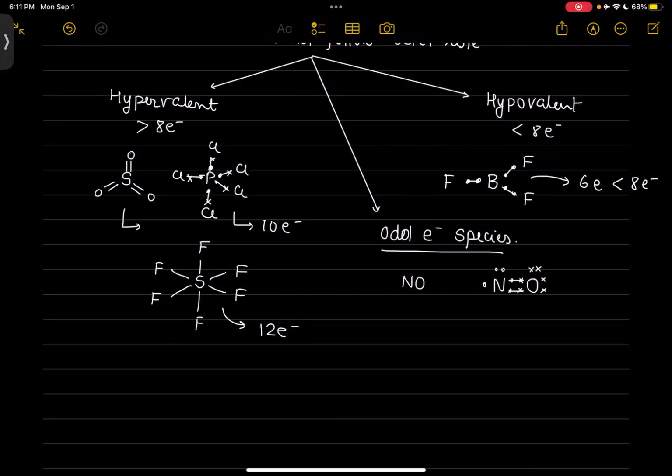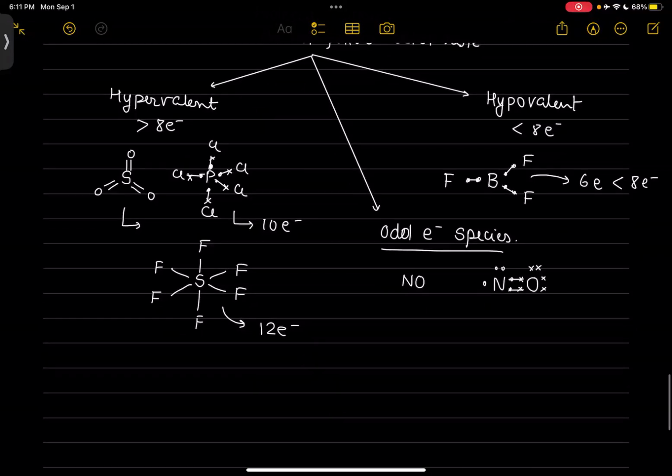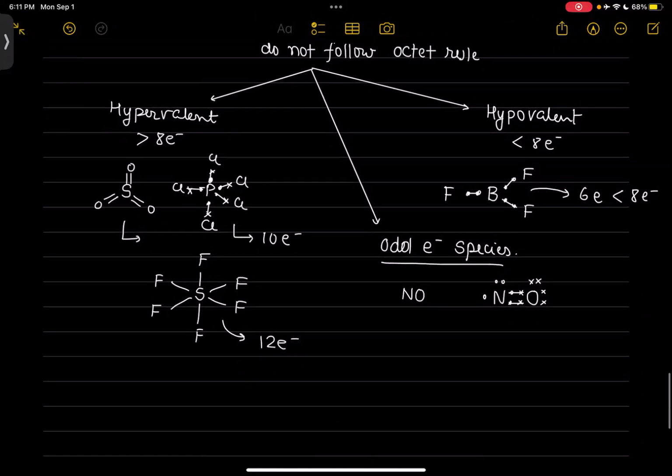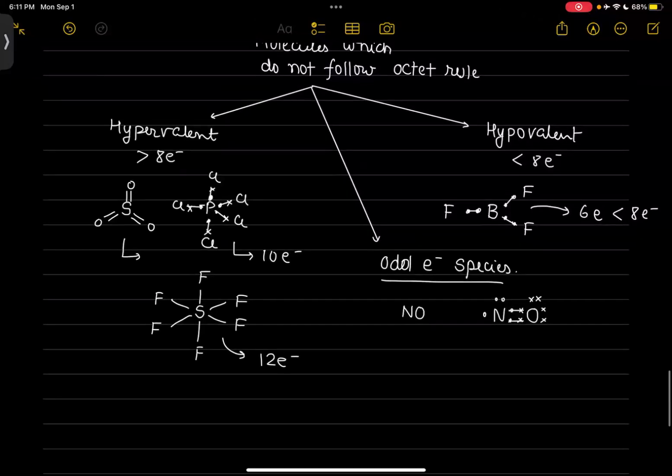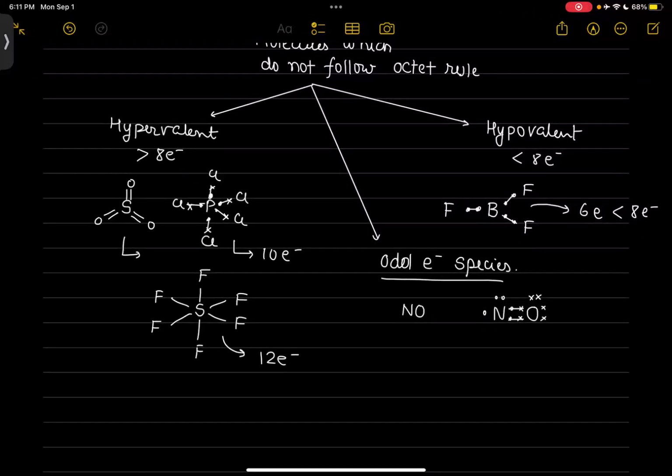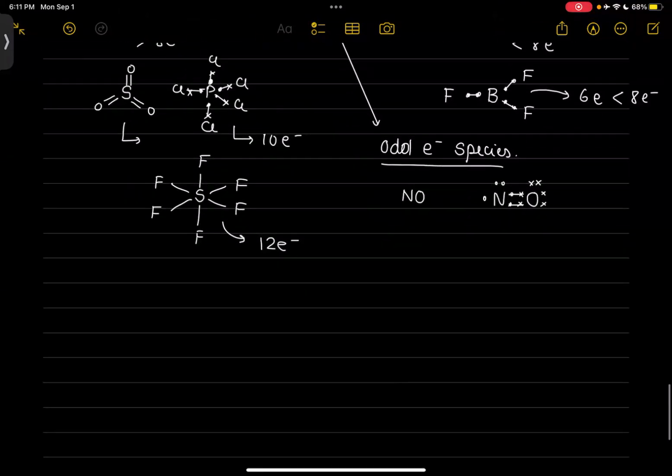So it doesn't mean that everybody will have a complete octet. We have seen there are atoms which are not following the octet rule.